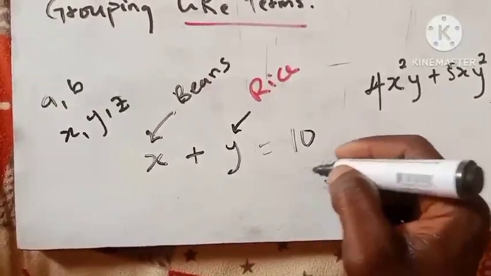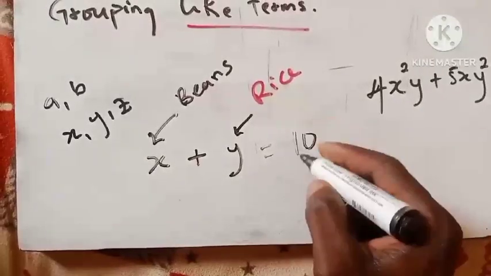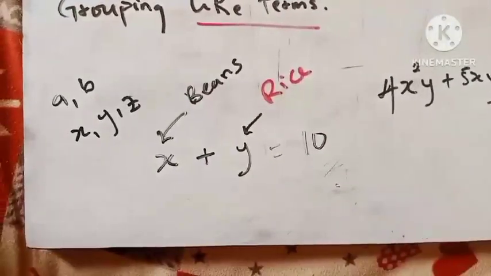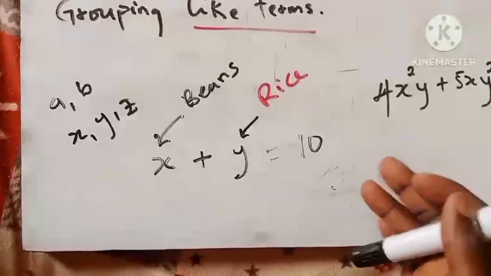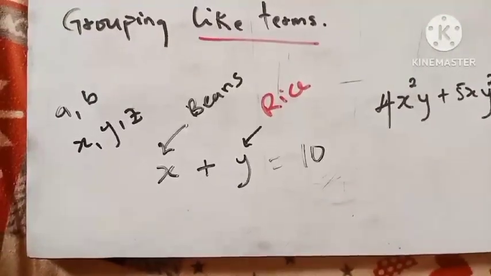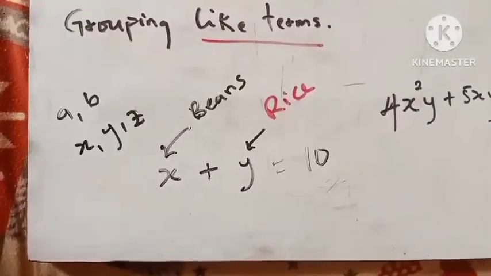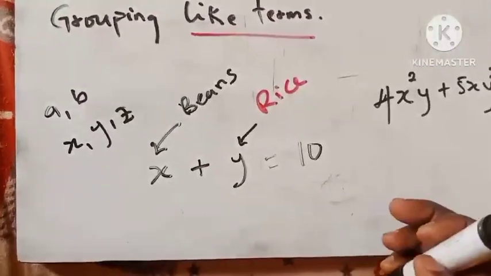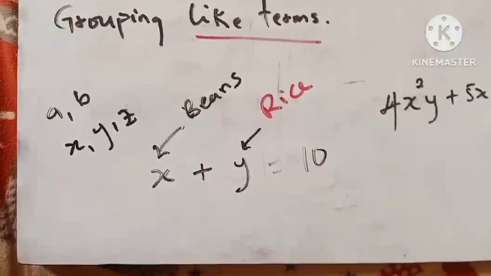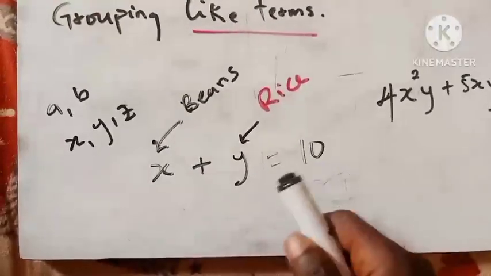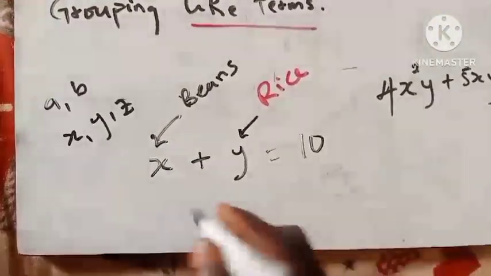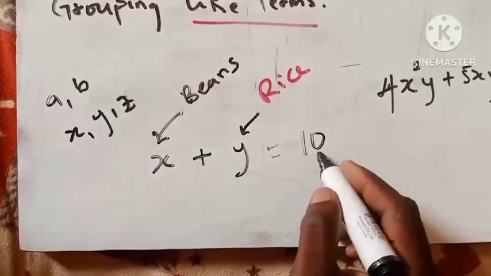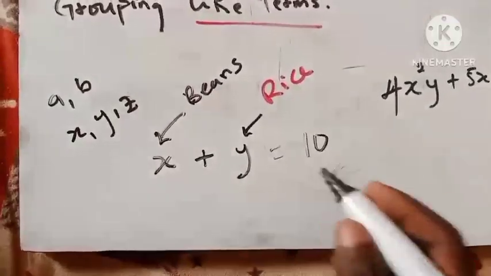Someone asked in the comments why I always use dollars. A dollar is a currency that can easily be converted into any different currency worldwide, so that is why I use it. We apologize for using that symbol all the time. You can easily convert this into your own currency. The combination of these two people gives us $10, 10 cedis, 10 naira, and so on.